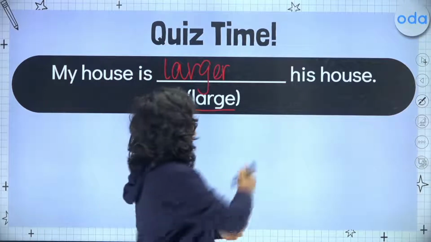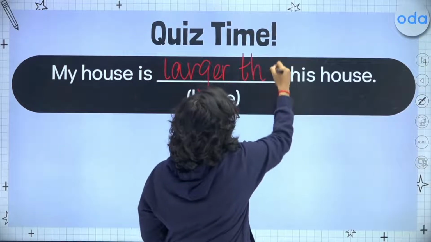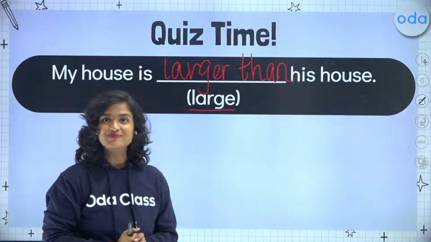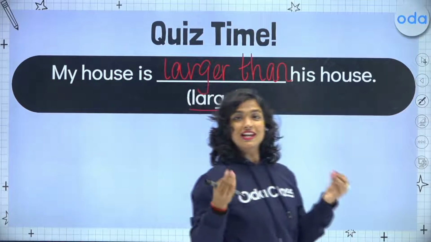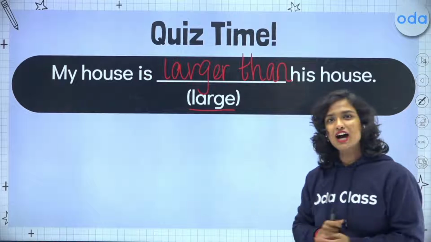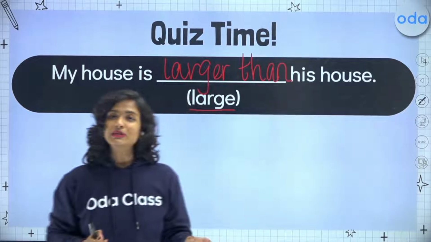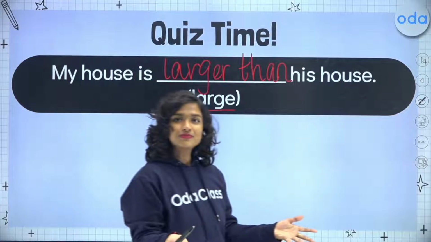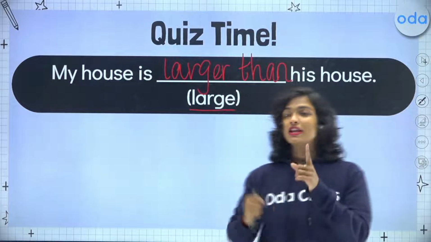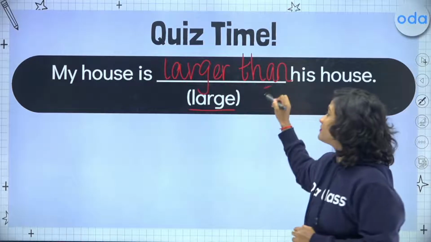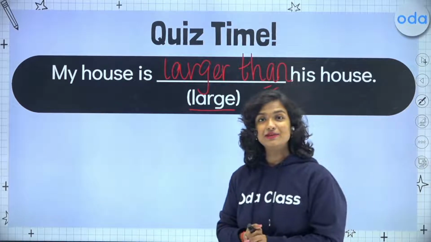But students, don't forget that we also have to use our comparative keyword, which is than. So my house is larger than his house. If I was not making a comparison, I would simply say my house is large. But to make the comparison, we use the comparative adjective and we use our comparative keyword, which is than.